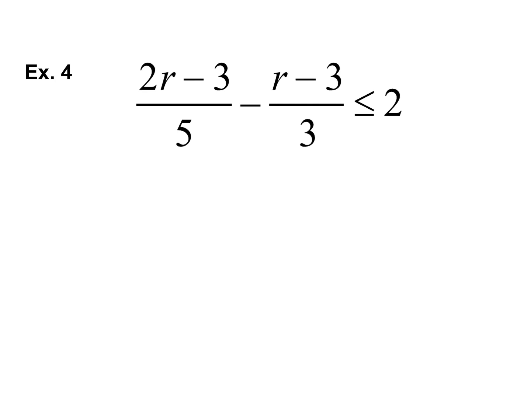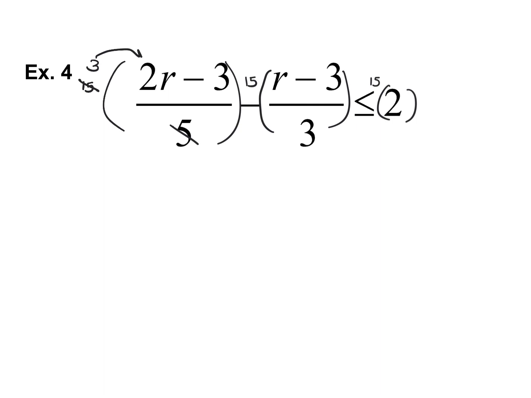The first thing I would do here is try to get rid of the fractions by looking for the lowest common denominator, LCD. In this case, it's 15. So I'm going to multiply by 15 in order to get rid of the fractions. I can simplify this one, and I'm going to distribute 3. The denominator becomes 1.